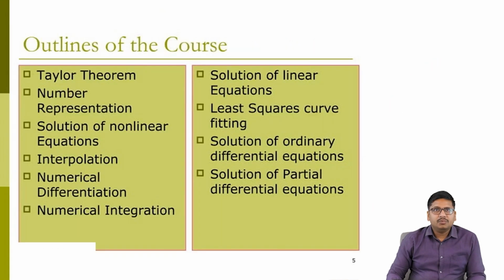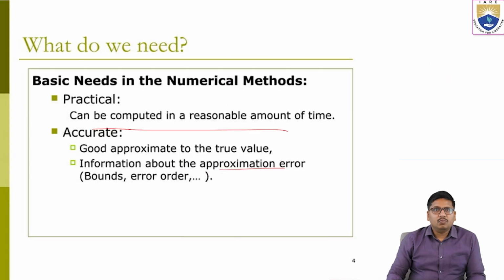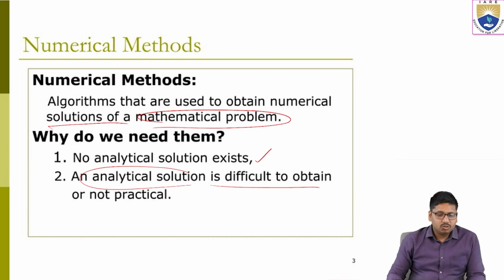So here I'm going to cover the numerical methods. What should be the main purpose of these numerical methods? These algorithms are going to be used to obtain numerical solutions to mathematical problems. We have different kinds of mathematical problems, so for these we're going to have different kinds of algorithms.